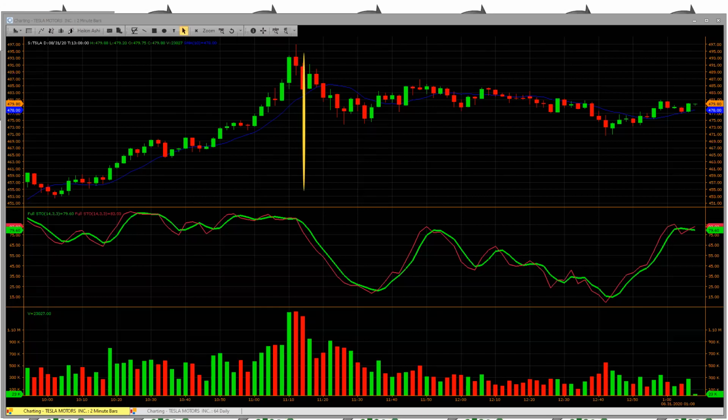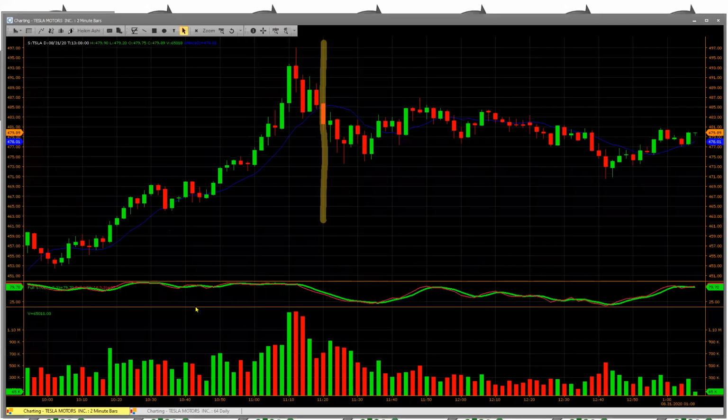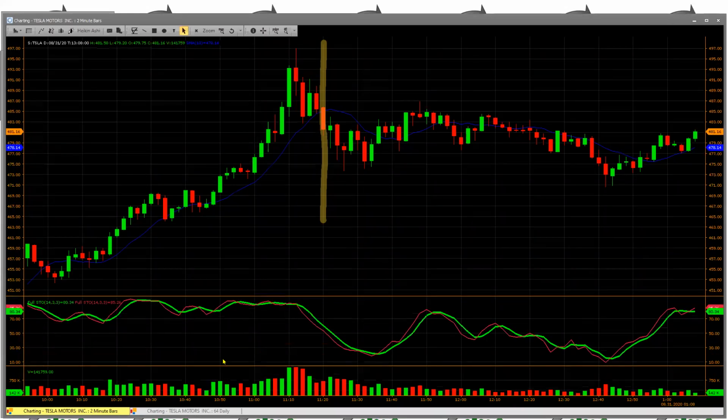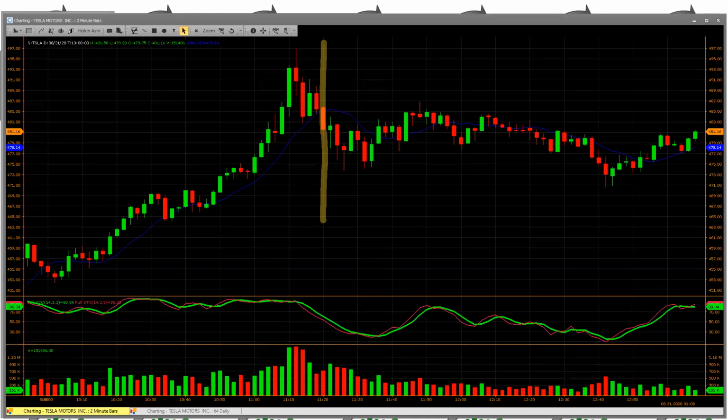One more try. I got it. Okay, so let's try this. So here's the ladder. Let me make this bigger. That's just the volume and the stochastics. We could minimize this a little bit. We want to keep the volume there.